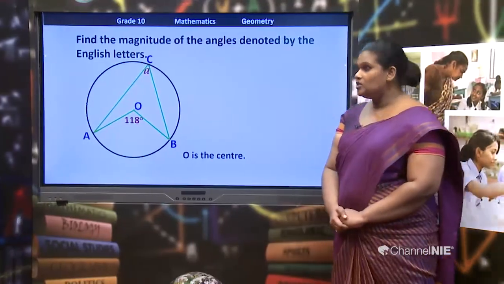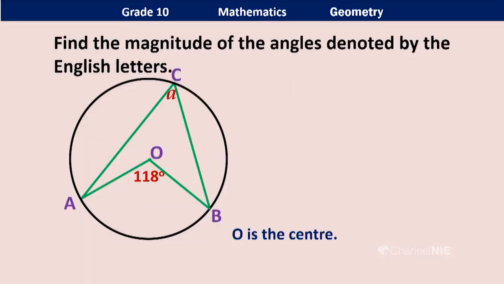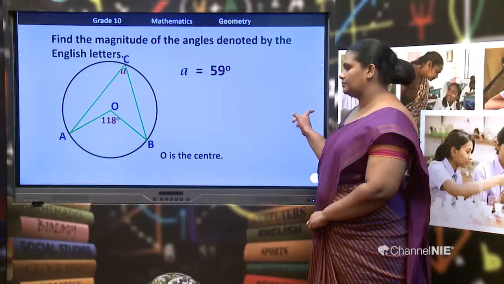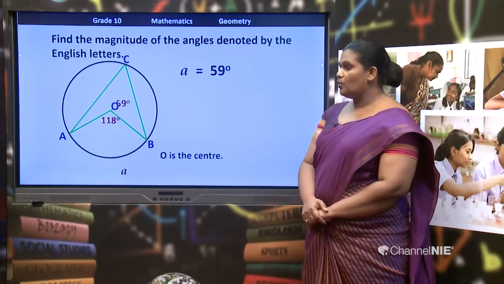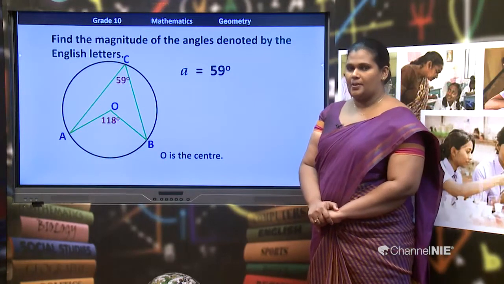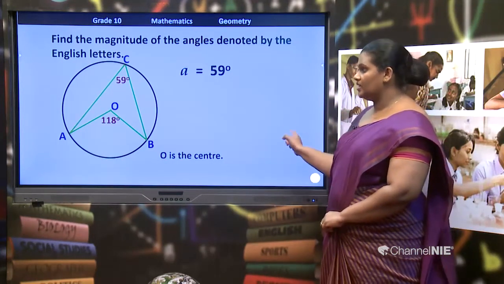So, that means 2A is equal to 118 degrees. To get the value of A, we can divide 118 by 2. Therefore, the answer for A is 59 degrees. Right. Now, we know the value of A. We will move on to another one.